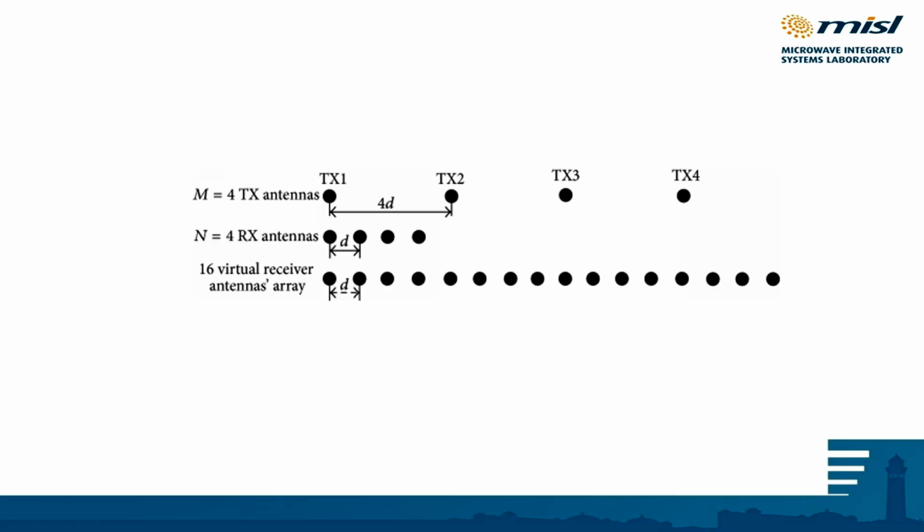In a MIMO system, you have multiple transmit elements and multiple receive elements, and the specific arrangement of these transmit and receive elements forms a virtual array of m into n elements, where m is the number of transmitters and n is the number of receivers.